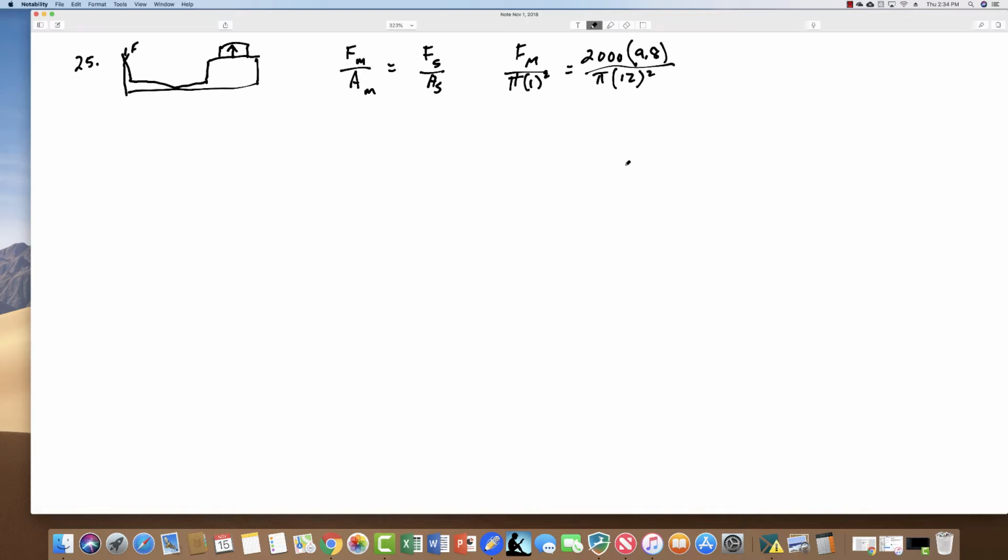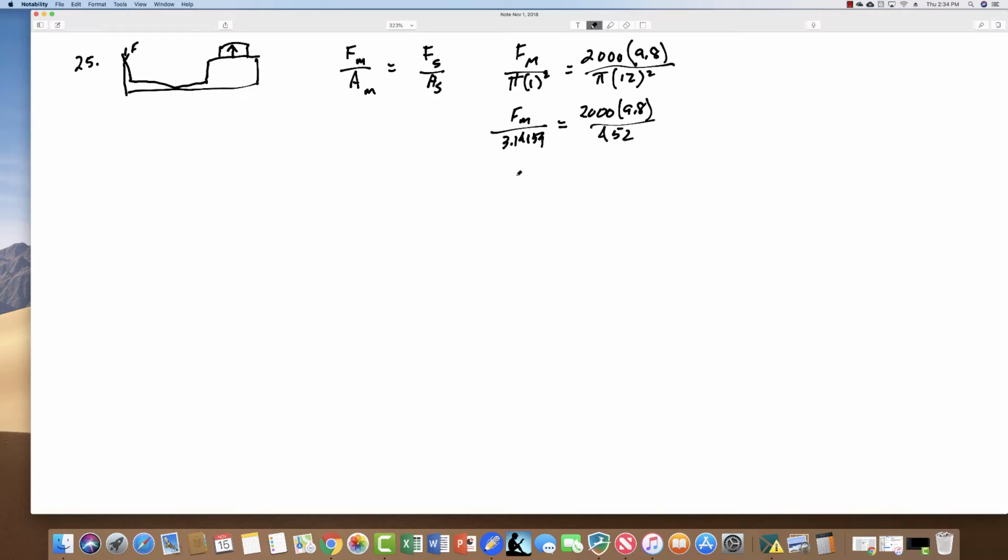So if we put the numbers in here, we have F in the master cylinder divided by 3.14159 is equal to 2,000 times 9.8 divided by 452.